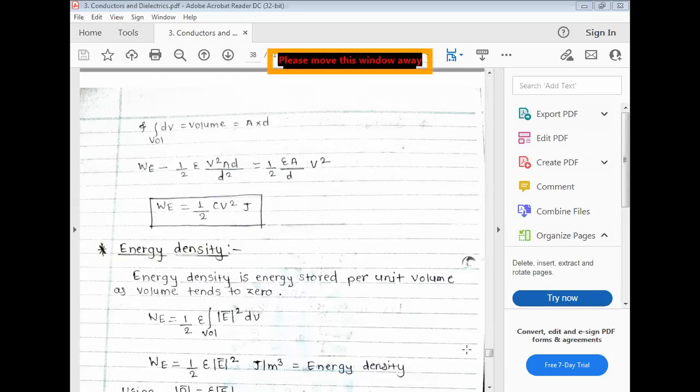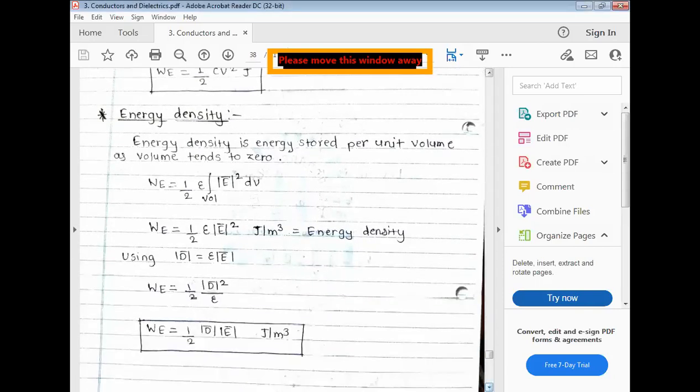Now the next point is energy density. Energy density is the energy stored per unit volume as volume tends to 0. In the WE equation we have WE is equal to 1 upon 2 epsilon volume integral of mod of E square into dV.